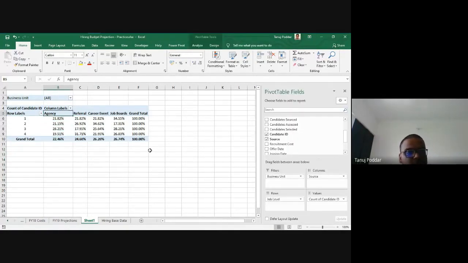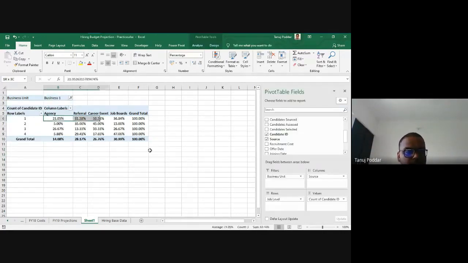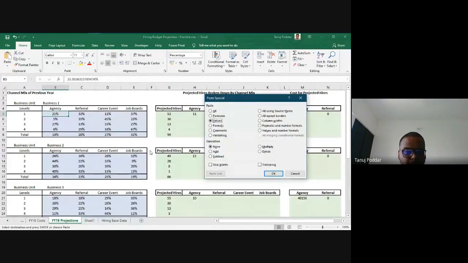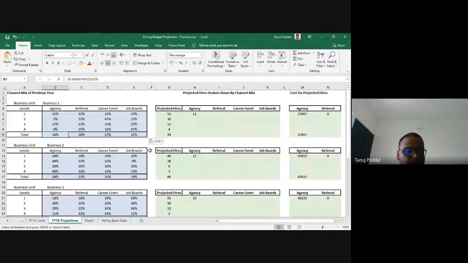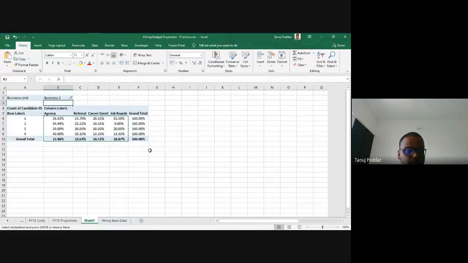And then you can filter for each of the business units. Like business unit 1, you can just copy these 4. You don't need the grand total, but you can copy these 4 and paste them there. Similarly, you can filter on business unit 2.